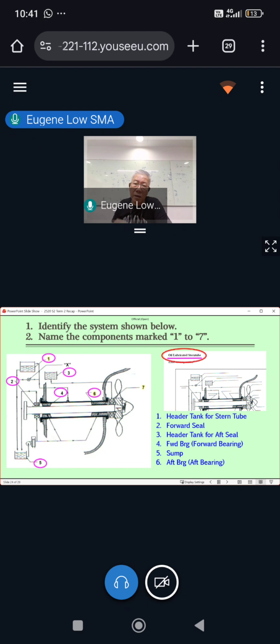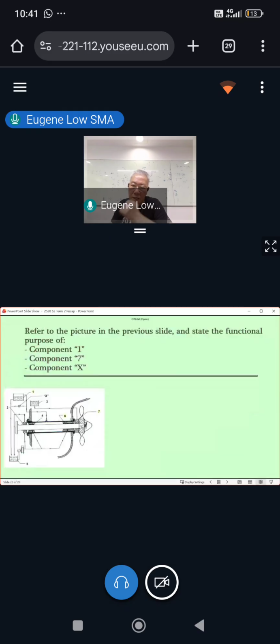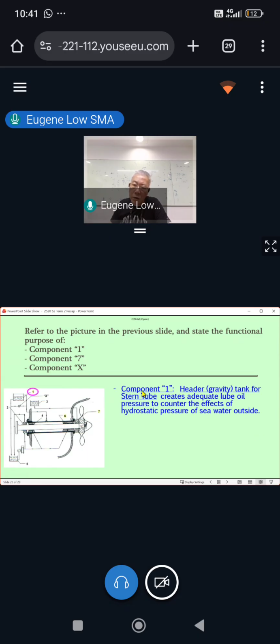Now the second part of this system. Refer to the picture in the previous slide. State the functional purpose of component 1, component 7, and component X. Component 1, which is the header tank for stern tube, creates adequate lube oil pressure to counter the effects of the hydrostatic pressure of the seawater outside.